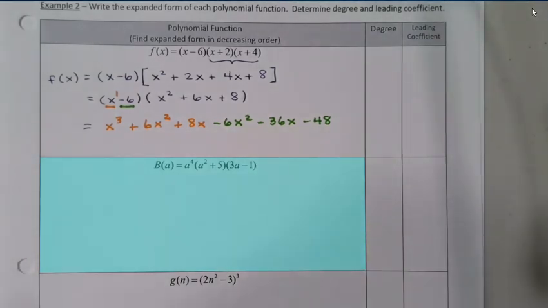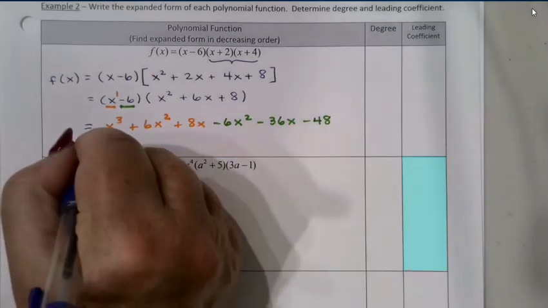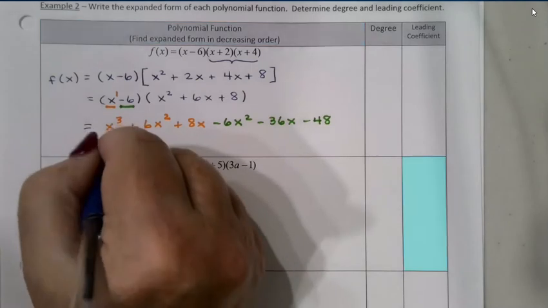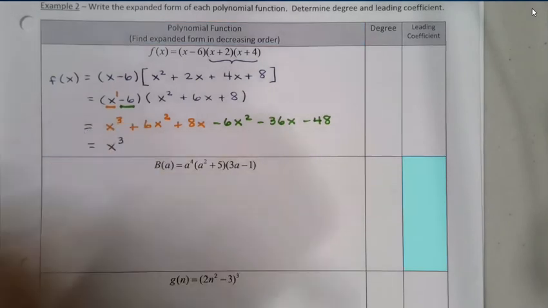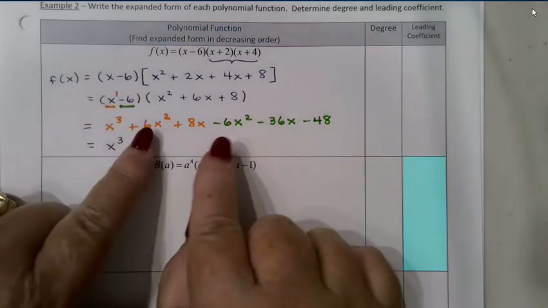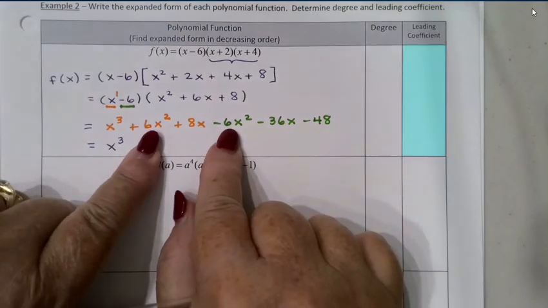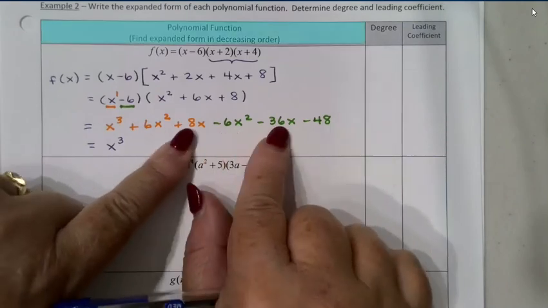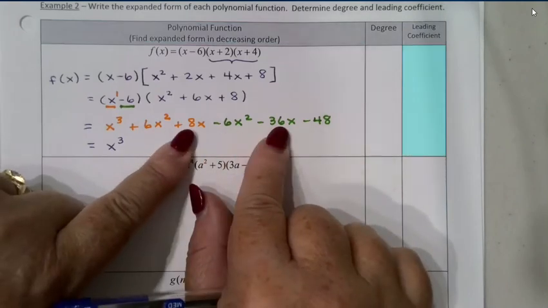All that's left to do is combine any like terms, and I'm going to take care of my descending order as I do this. So the x cubed is the only x cubed term. In this particular one, the x squareds just happen to add up to 0, so I will have a 0 x squareds. I won't even have to write that. The x to the first, I would have a negative 28x.